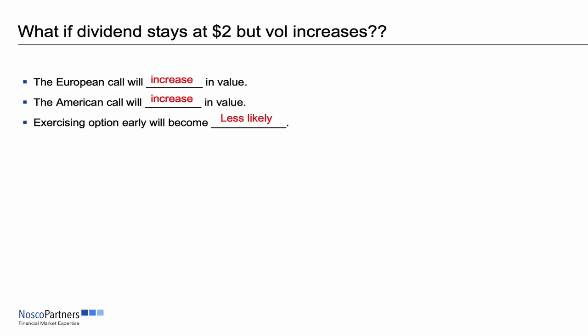And the fact is, exercising the option will become less likely if the volatility increases. So actually, the American option will behave more like a European option if the volatility increases. And then we think, why would this be the case? But this is actually very simple. Remember our very first key point.